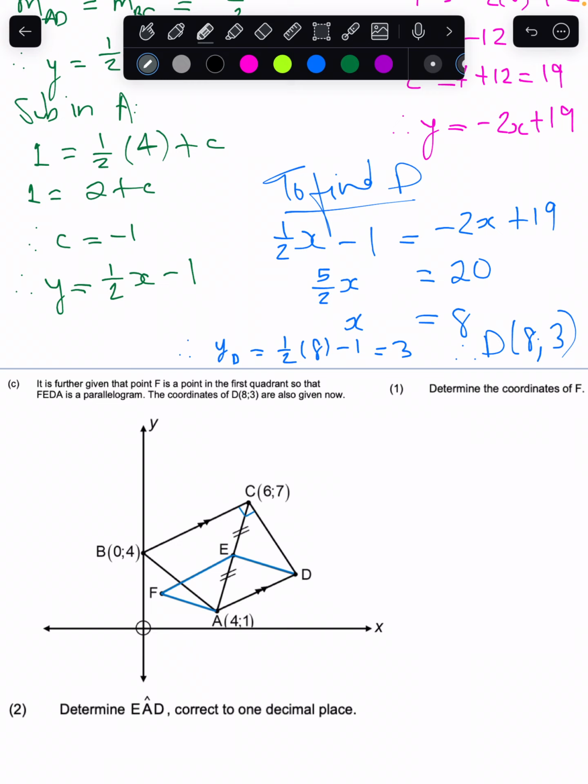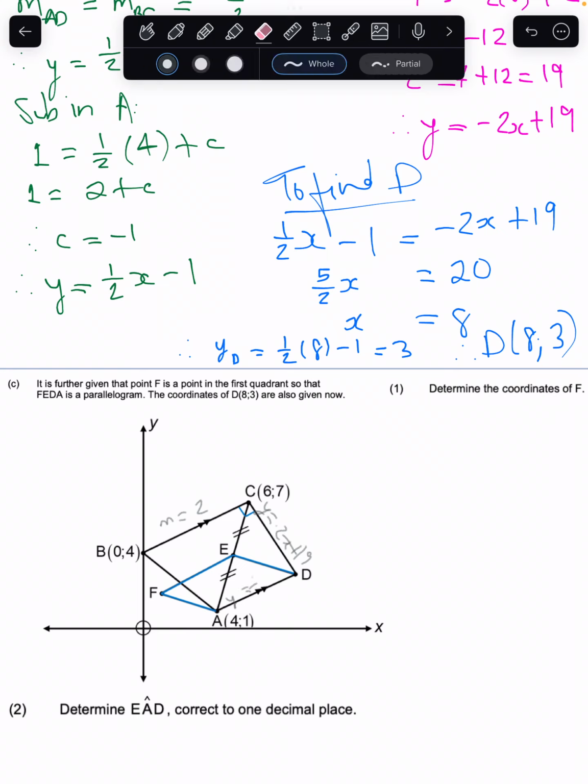So this, we just know the gradient is 2, but we can also easily see the equation because they've given us the y-intercept for that line. And then we have y is equal to -2x plus 19. And this is y is equal to 1/2.